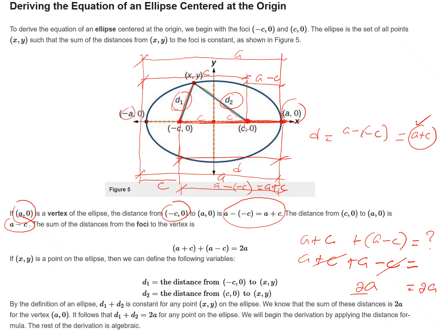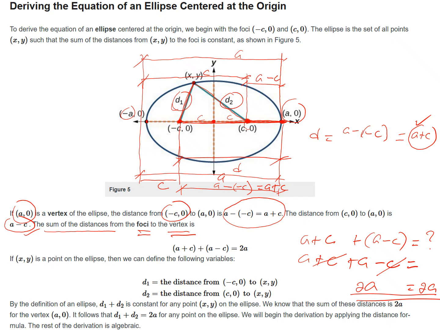So this is the distance, class, which is the constant distance. This is the sum of the distances from foci to the vertex. It's given by this a plus c and this one here. We combine these two distances, and we got this 2a.